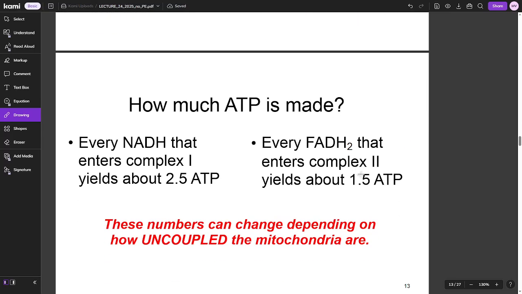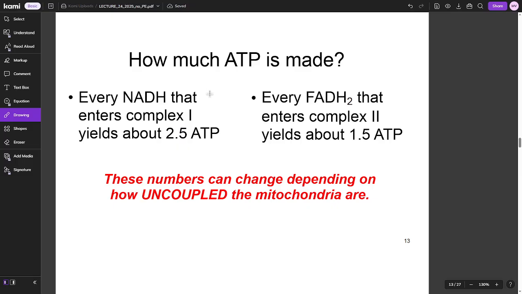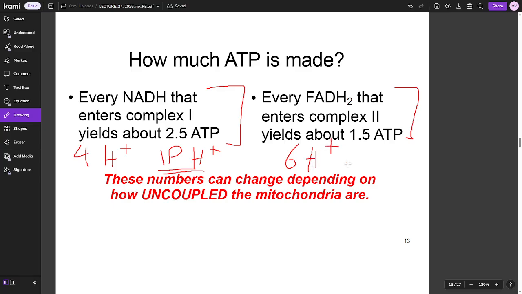I've already mentioned this before, so I won't dwell on it for too long, but every NADH gives 2.5 ATP and every FADH2 gives 1.5 ATP. It's because it's 4 H+ per ATP, and NADH releases 10 protons while FADH2 only releases 6 into the intermembrane space.